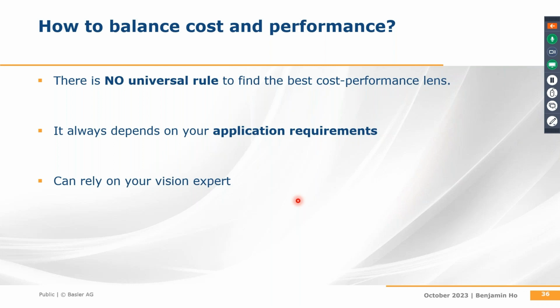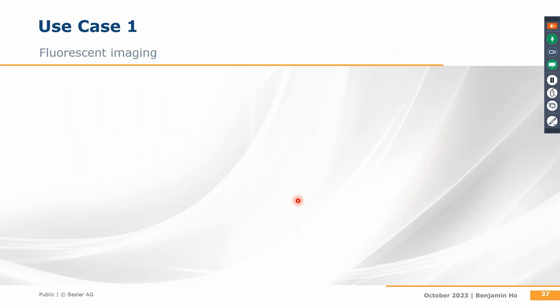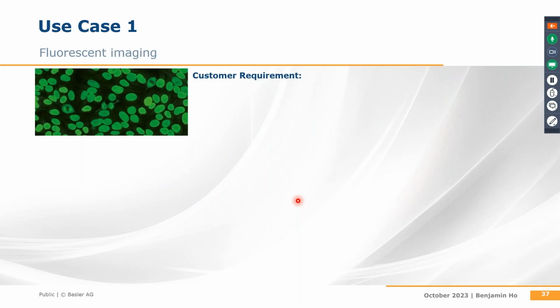Next, let's learn together through some use cases how the application influences lens selection in terms of balance between cost and performance. First use case: a customer will inspect a fluorescent image from a blood sample. When the fluorescent light is weak and the diffraction is small, up to 1 mm, which lens will be proper to use?